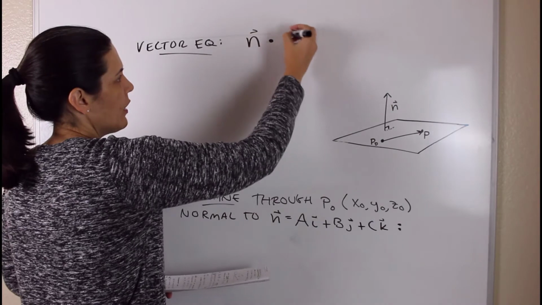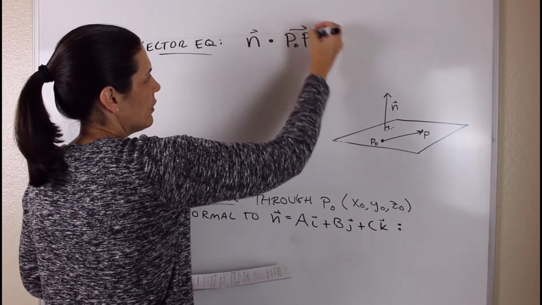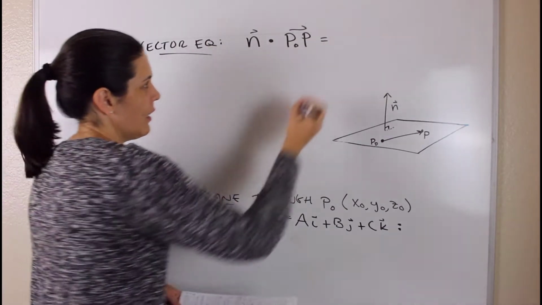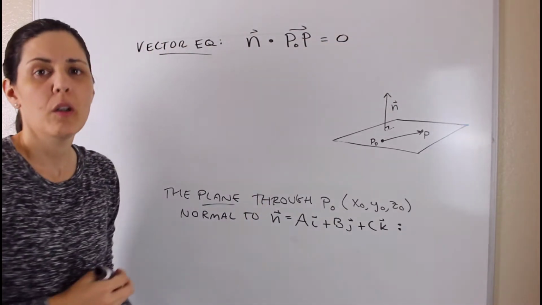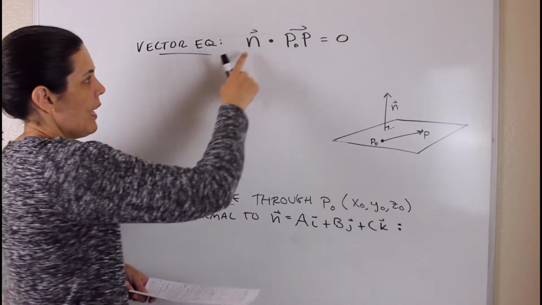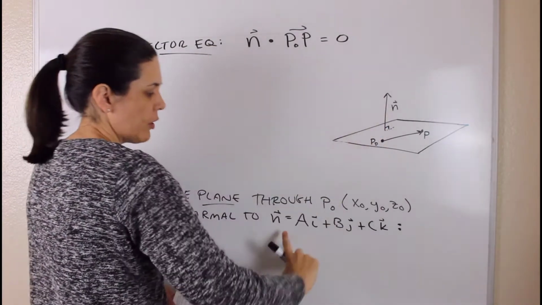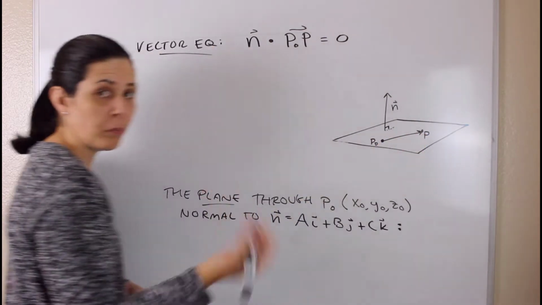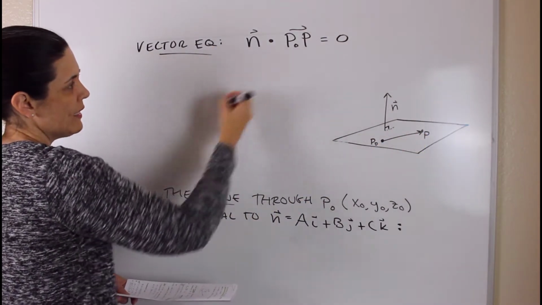So our vector equation just looks like this: n dot P naught P. Okay? And it's an equation, so it's got to equal something. And it actually just equals 0. So n being our normal vector here, P naught P being the vector from P naught to P. And so why does it equal 0?